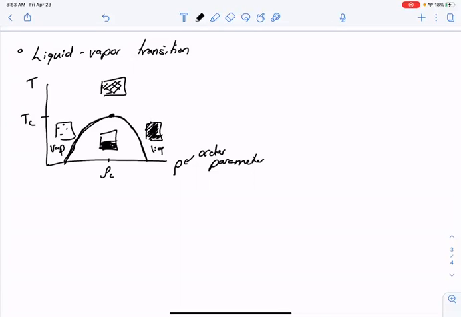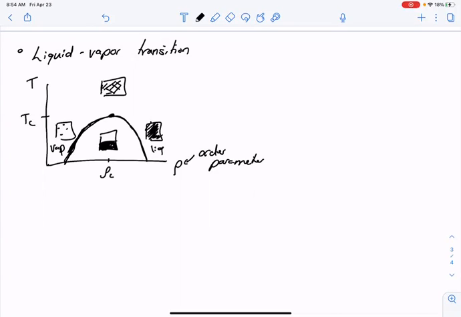So if we wanted to use Landau theory to give us some insight into the liquid-vapor transition, both its critical point as well as potentially the first order transition as I condense a liquid into its vapor, or vice versa, or maybe even how to think about this coexistence state where the liquid is in contact with its vapor, we could in principle begin microscopically, take a specific model like a Lennard-Jones potential, and try to coarse grain it like we did our Ising model.